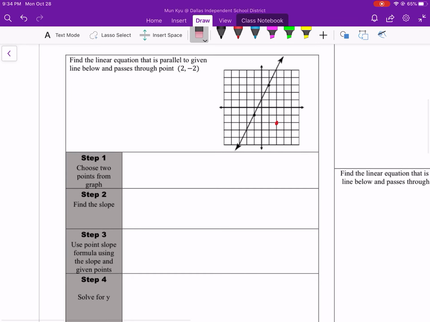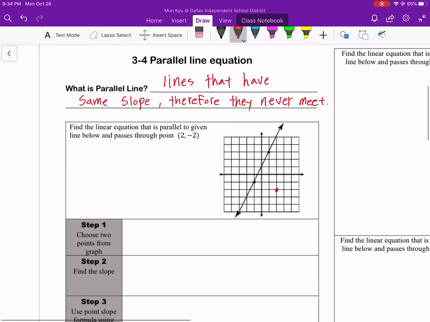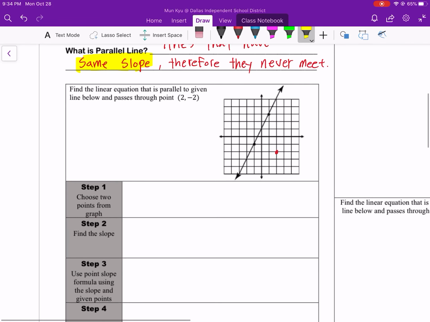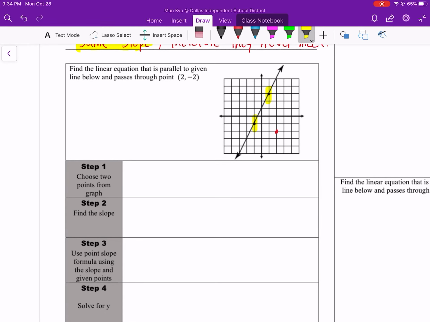Now, how can we do it algebraically? Step 1. You have to choose 2 points from the graph, because in order to be parallel, you should have exactly the same slope. So these points are given, and again, you don't have to use this one.